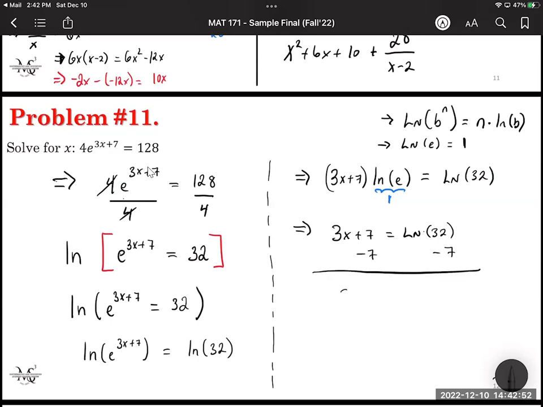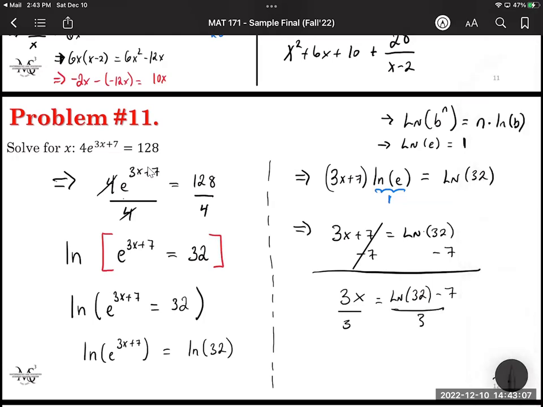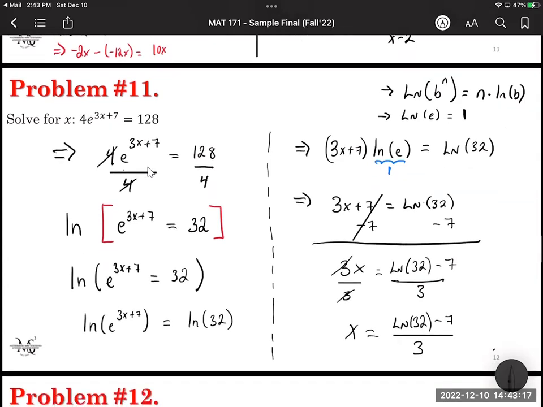So we're going to get 3x, 7's are gone, is equal to the ln of 32 minus 7, and then we can divide by 3 on both sides. So if I divide by 3 here, you're going to get x is equal to ln of 32 minus 7, all divided by 3. And that's your solution.